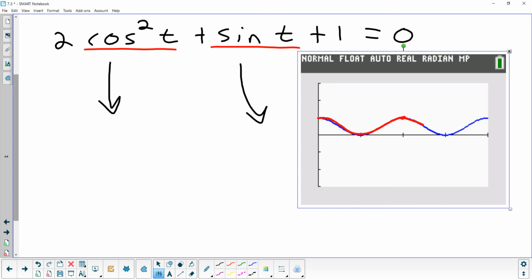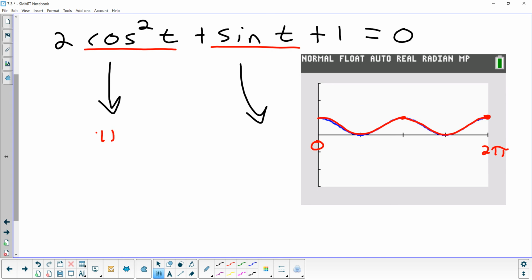Here's 1. There's 2. And what was my window again? From 0 to 2 pi. So if from 0 to 2 pi you're seeing 2 cycles, what do you think the length of a cycle is for cosine squared? Pi. The length of the cycle for cosine squared is pi.